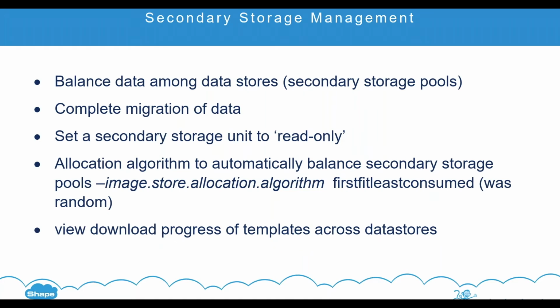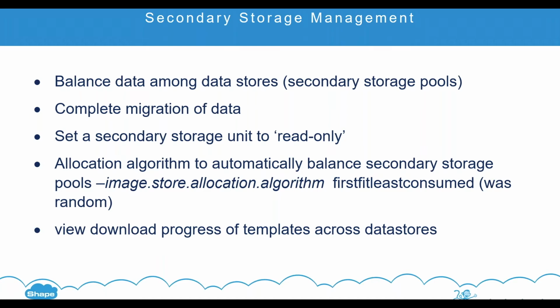What we can do with these tools, first of all, really importantly, we can balance data amongst data stores. So we've got a one-off migration process you can go through to say to CloudStack, okay, here's a number of data stores, go and balance, and when I say balance, I'm talking about disk space, go and balance all of the artifacts across those stores. So I'm not in the situation where I've got near 90% usage on one store and I'm only using the other store by say 5% or something like that.